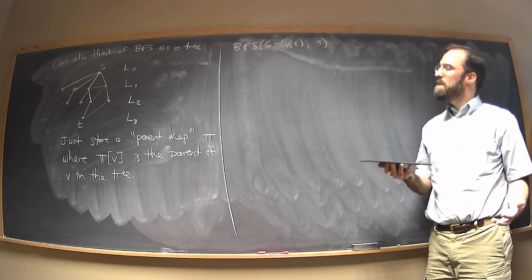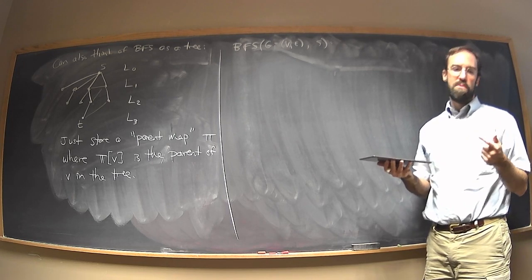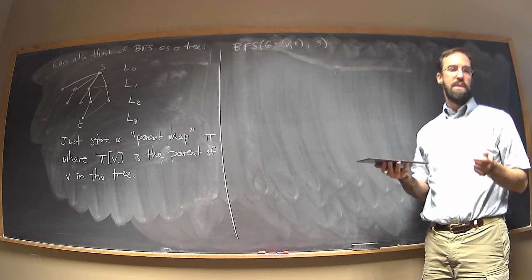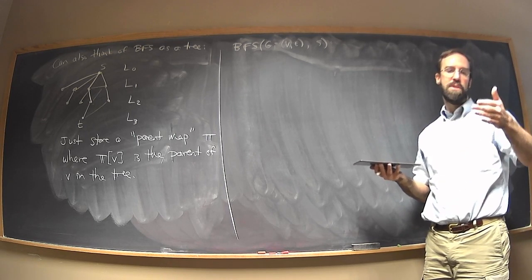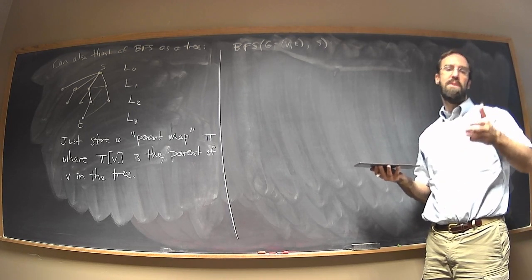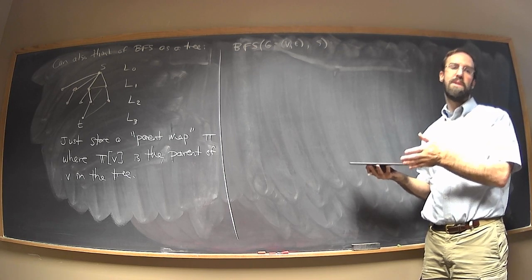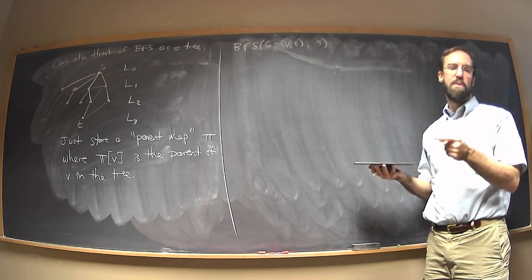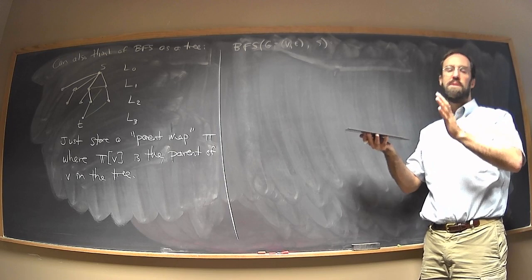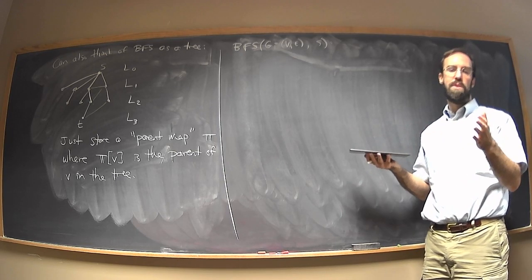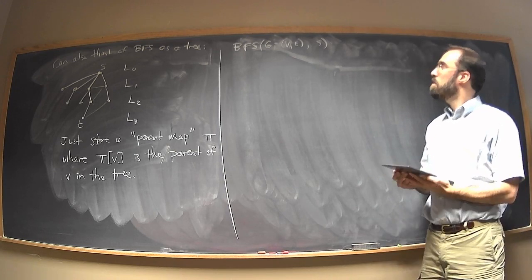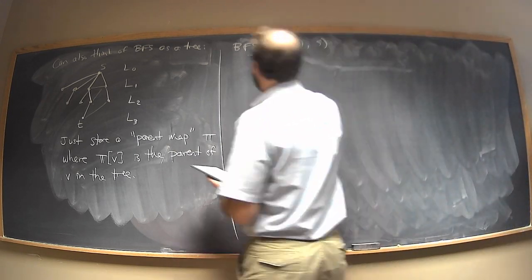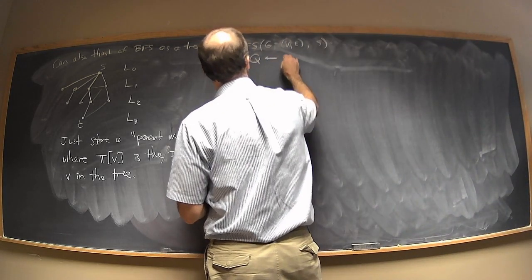You can do that, but there's a cool trick we can use, which is we just use a queue. As we put vertices in the queue, we're always going to finish processing the vertices from the previous layer before we get to the ones from the next layer. So we really are going layer by layer, but we don't bother keeping the layers separate. They're all just going to go in a queue, in order by layer. So we'll initialize a queue.